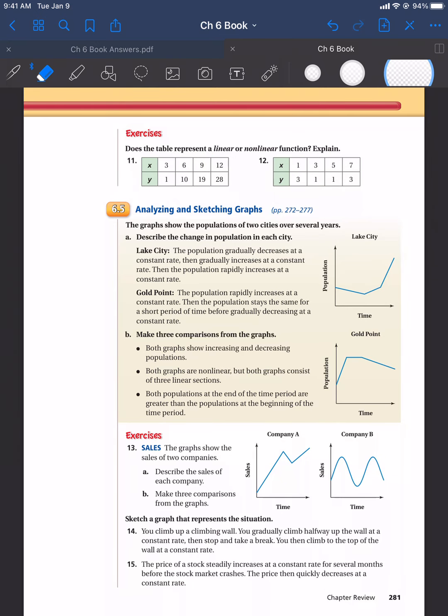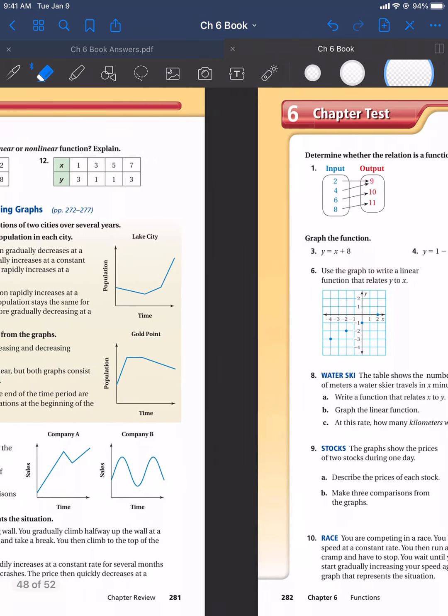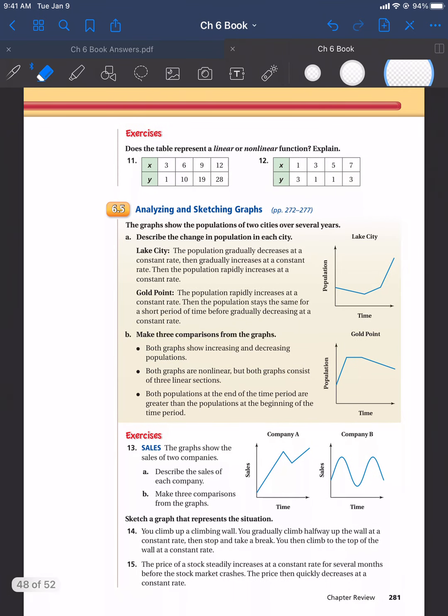Linear, nonlinear, easy? Sweet. Now, 6.5, this was our last section, okay? And it was kind of a strange one, I'm not going to lie, where it basically just wanted you to talk about a graph, right? I'm going to be pretty lenient on how I grade these.